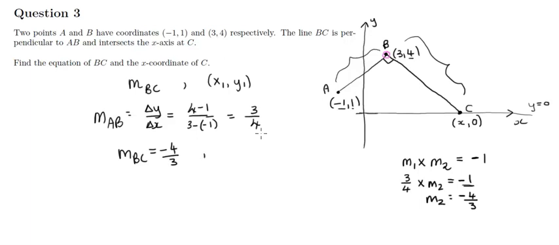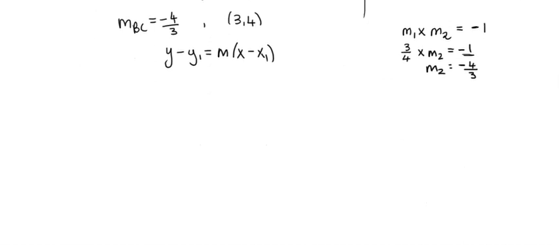And we have a point on the line, which is B, (3, 4). We can now sub these values into y minus y1 is equal to the gradient times (x minus x1). So y minus 4 is equal to the gradient, which is -4 over 3, times (x minus 3). And now we just get everything to one side.